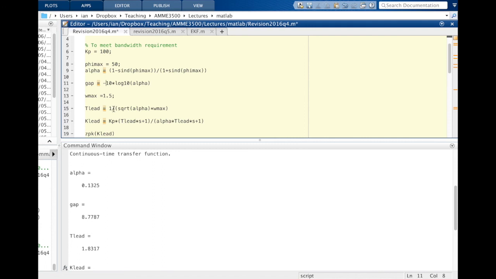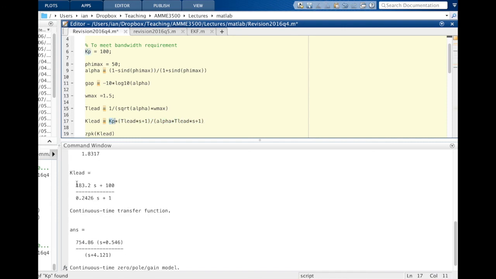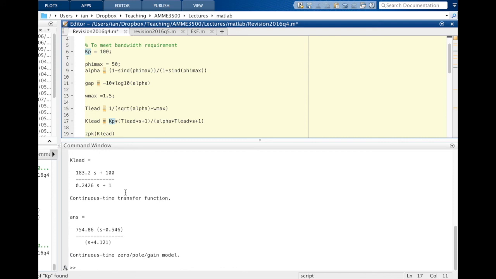Then the T value for the lead compensator is 1 over square root alpha times omega max, and that gave me 1.83. The lead part of it is TS plus 1 over alpha TS plus 1, and then you multiply that by KP. That's the lead compensator, and we'd be perfectly happy for you to write it in this form, or you could write it in terms of an overall gain and a specification of a zero and a pole.